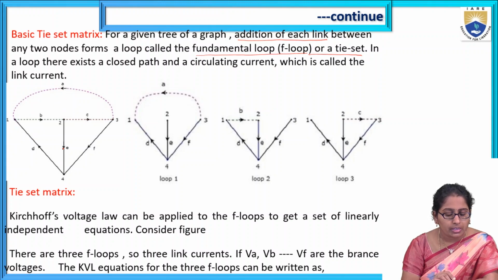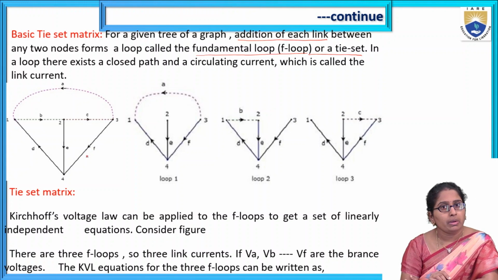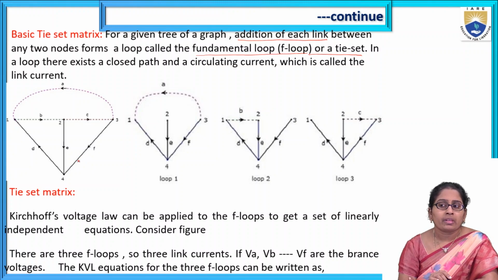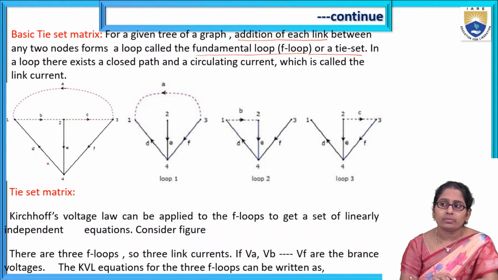So here the tree is with the branches D, E, F. You need to remember that a tree is a subgraph with the same number of nodes as the original graph, without a closed path. So here the tree is with the branches D, E, F.